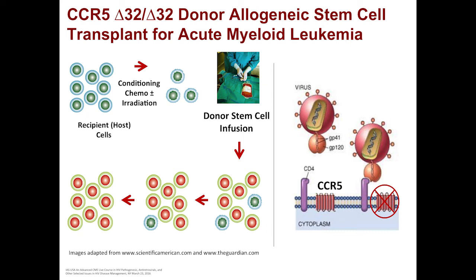If you have a mutation in the CCR5 receptor, it may happen that the virus is not able to enter the cell anymore, and you are in a way protected from the infection. So what happened is that this patient with leukemia received a bone marrow from a donor who had a mutation in this receptor, and the result is that he was not infectable anymore.